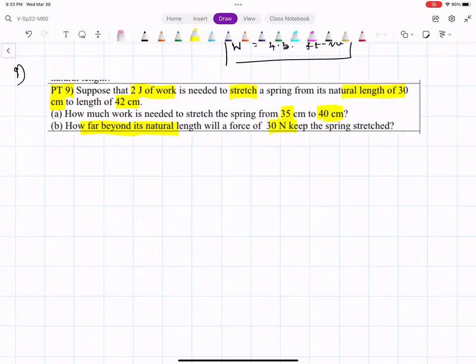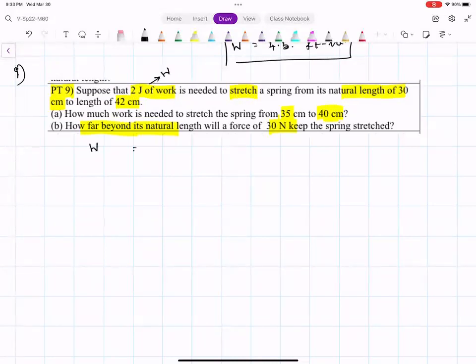So if you look at the first statement, suppose 2 J of work is needed to stretch a spring from its natural length of 30 centimeters to a length of 42 centimeters. So we are going to consider the work done. This is already given to us.